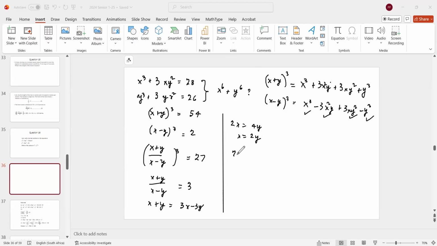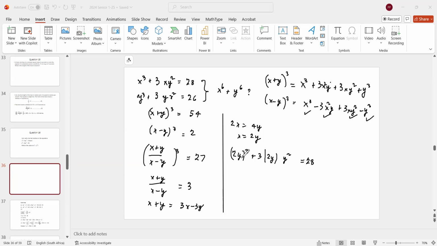So you got 2y cubed minus 3 times 2y, y squared. I'm sorry, plus. X is 2y, and this is equal to 28.